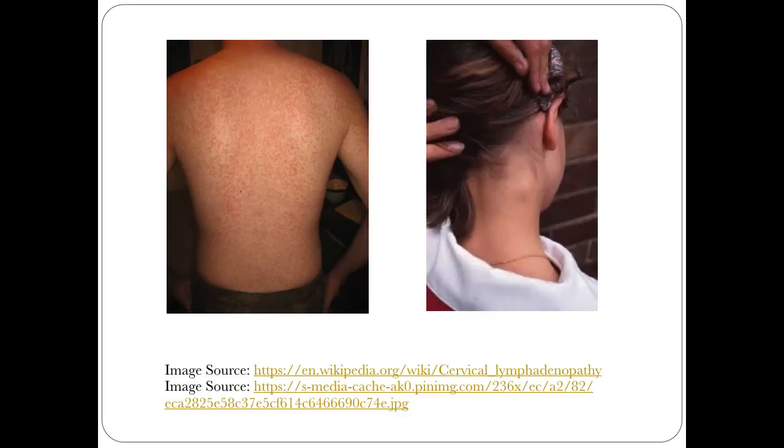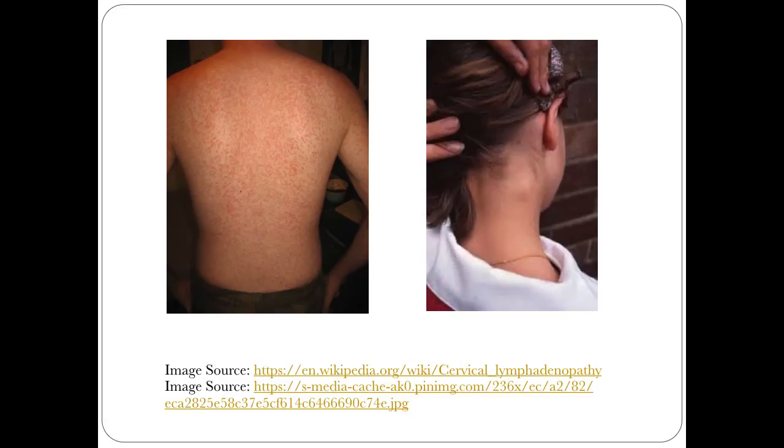And on this slide, we can see a picture of the rash. I know I just said that if you treat mono with antibiotics, you can get a rash. You can also just get a rash if you don't treat it with antibiotics. So just be aware of that. And the picture on the right is an example of a swollen lymph node.